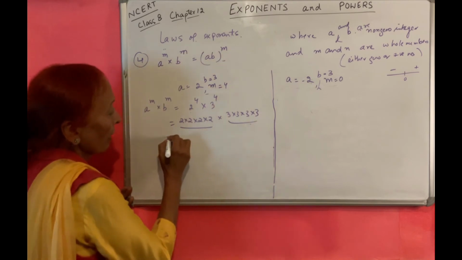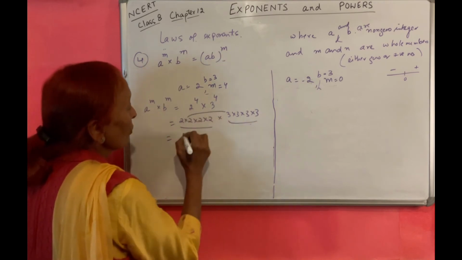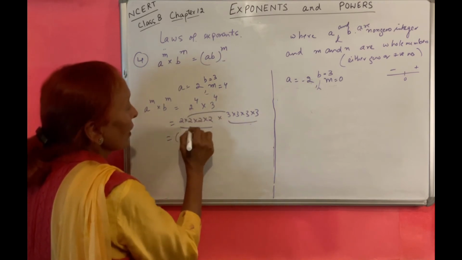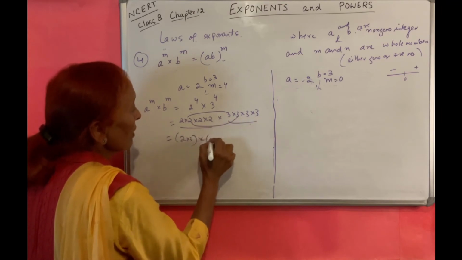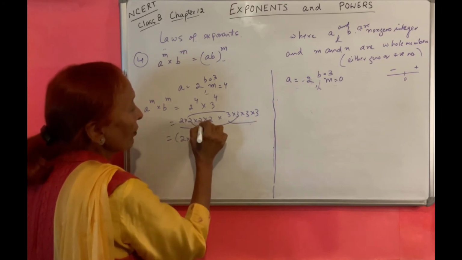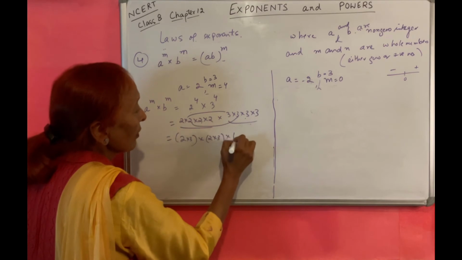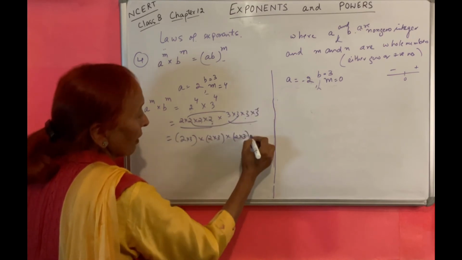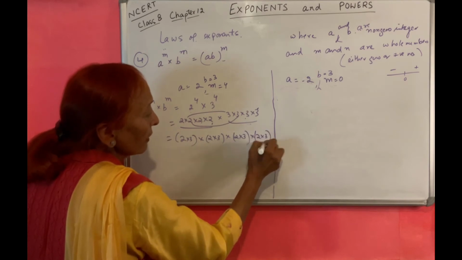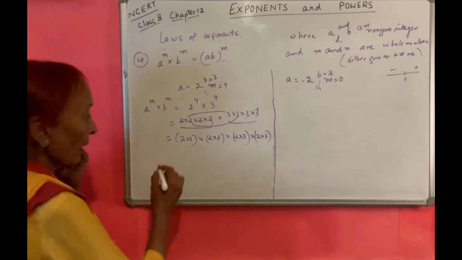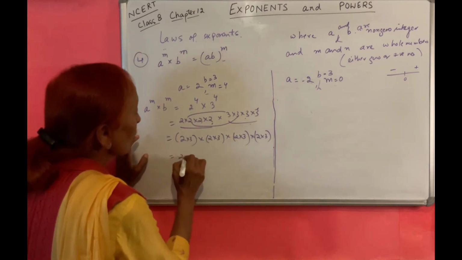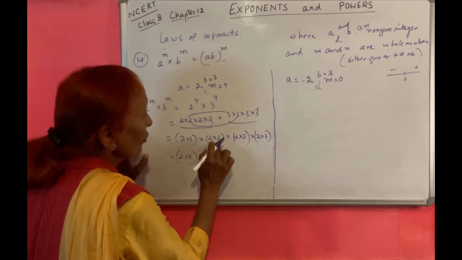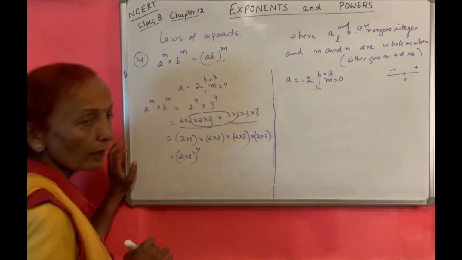I can write this as first 2 into 3, then 2 into 3, after that this and this, after that the last one this and this. I can write this like this. So this is 2 into 3, 1, 2, 3, 4 times.